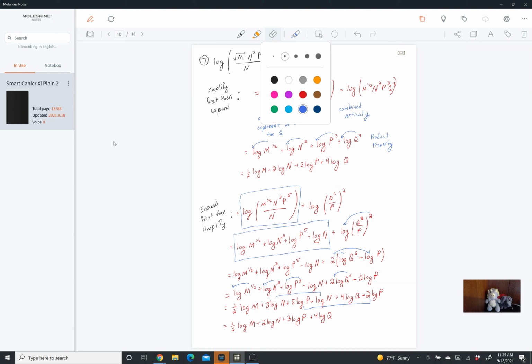And now we're done. And notice the difference in steps. This is 1, 2, 3, 4. This is 1, 2, 3, 4, 5, 6. So simplifying first and then expanding is always going to be more efficient. But again, if you're really uncomfortable with simplifying exponential expressions, but really comfortable with expanding logarithmic expressions, then you're going to use the second method.